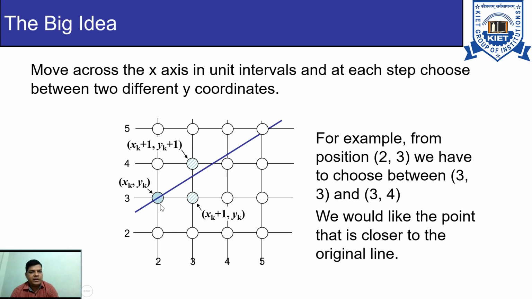From the figure you can see that we have one point, xk comma yk, and this point has the coordinates 2 comma 3. We have to approximate the next value, and we know that this line has slope less than 1, so we simply increment the value of x. The next value of x is xk plus 1.